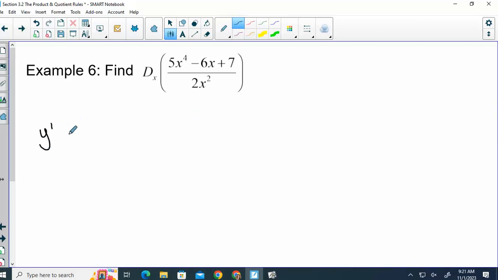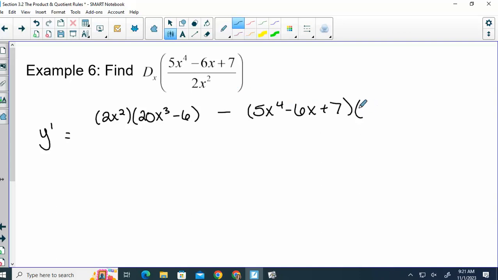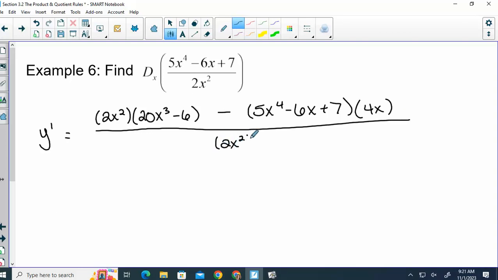So, low, the bottom, d high, derivative of the top, minus high, d low, derivative of the bottom, over low squared.